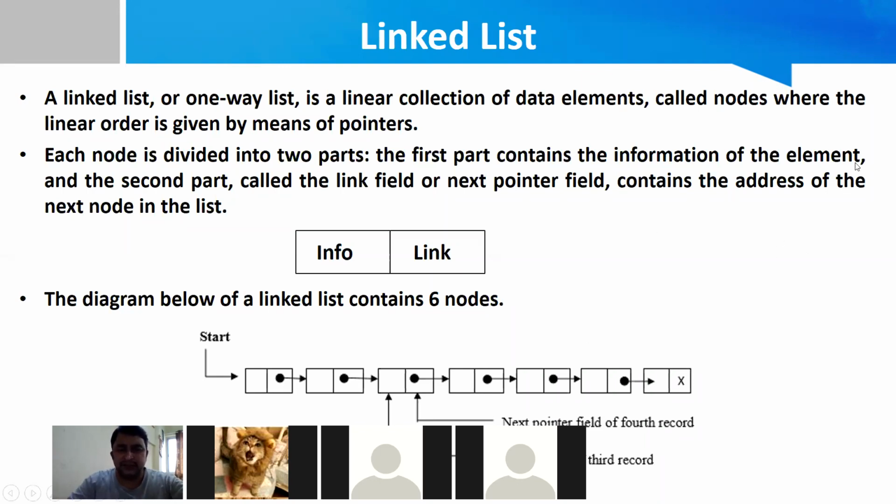See here in this example, this is the syntax, this is the structure for the node, right? Information and link. Information is nothing but the value of that particular element, the memory location value. And link is connected with the next node.